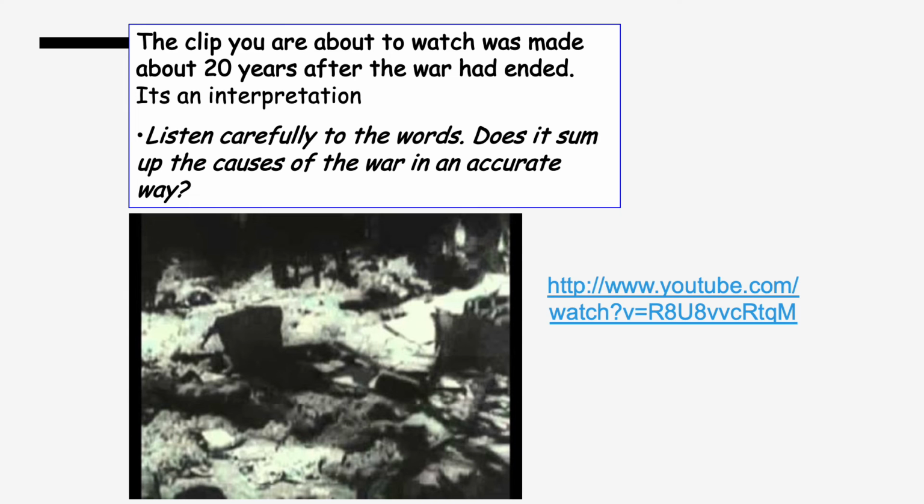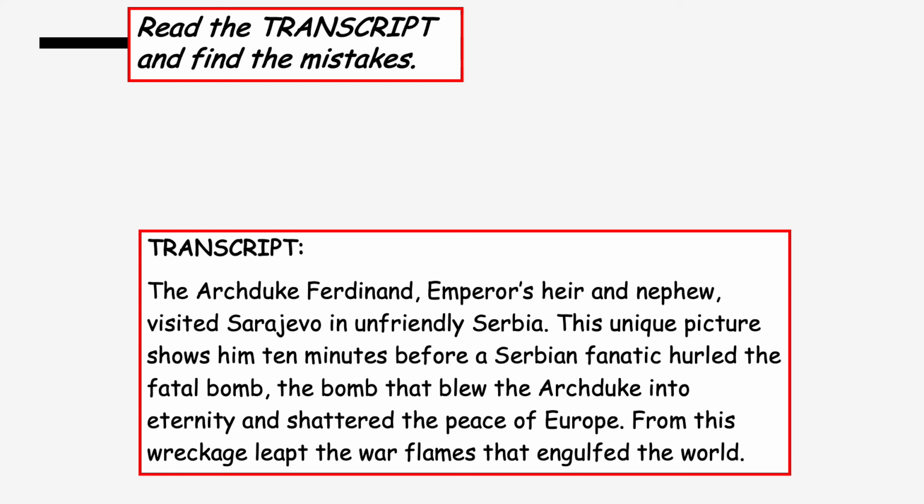Okay, now I hope you heard that. So here's the transcript if you didn't hear the clip. And it's quite interesting because Franz Ferdinand, the emperor's heir and nephew, visited Sarajevo, but it wasn't in unfriendly Serbia, it was in unfriendly Bosnia.